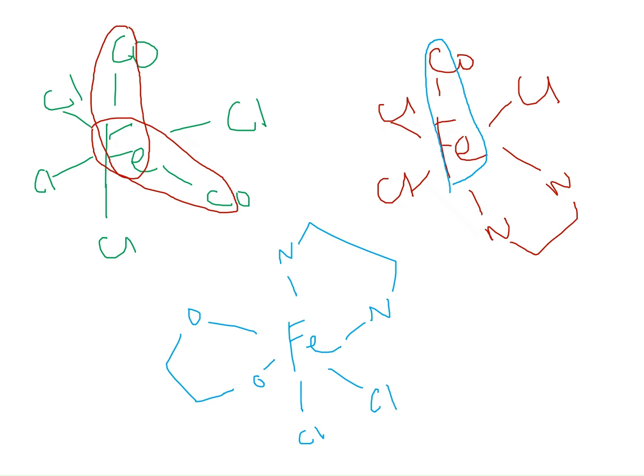No. This is just a coordination compound, because in this structure there is no iron to carbon bond. There's only iron to nitrogen, iron to oxygen, and iron with chlorine. There is no bond between metal and carbon. All of these examples are metal complexes.